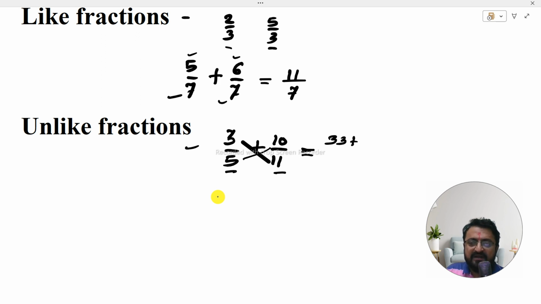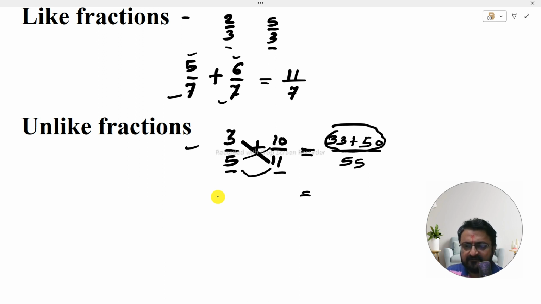So 5 multiplied by 10 you will get 50, and upon that you have to multiply both denominators, and the answer is 11 5s are 55. Now simply add these two numbers and you will get 0 plus 3 is 3, 5 plus 3 is 8. So 83 upon 55. So that is your answer. So now you can see how you can identify like fractions and unlike fractions.